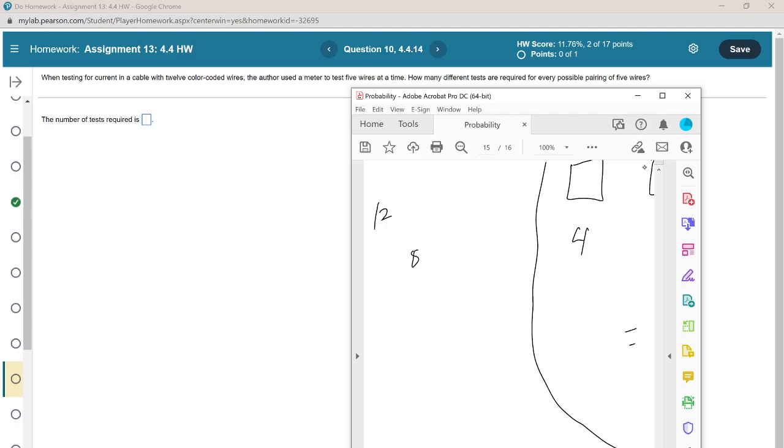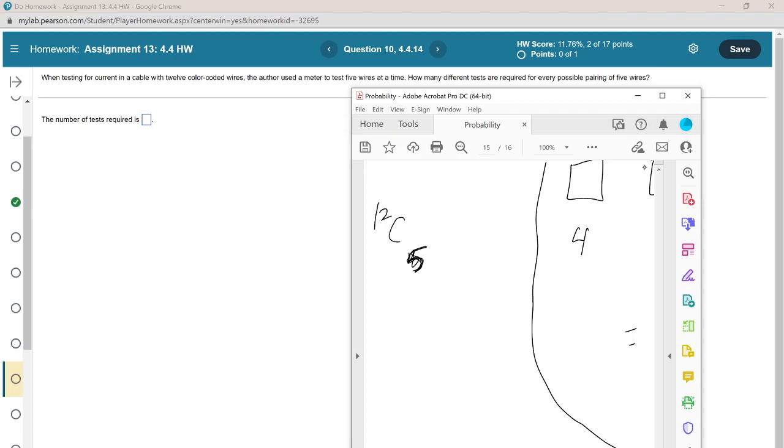Repeated groups mean the same thing, because what matters is how many different ways you can make those groups. So it's a combination problem.